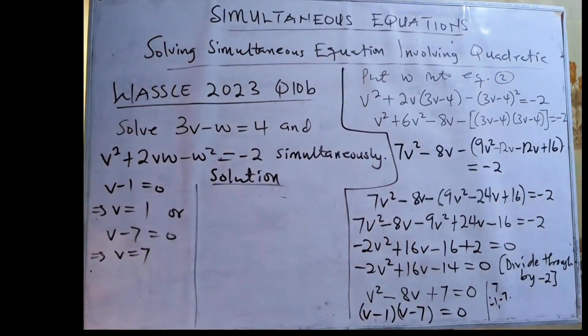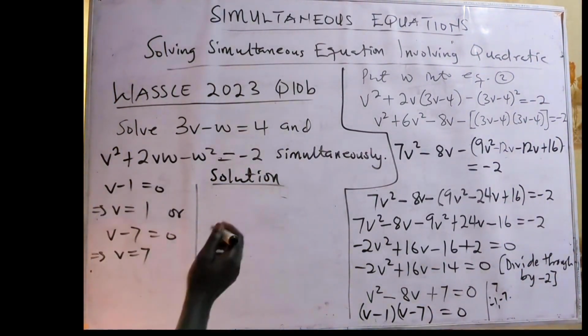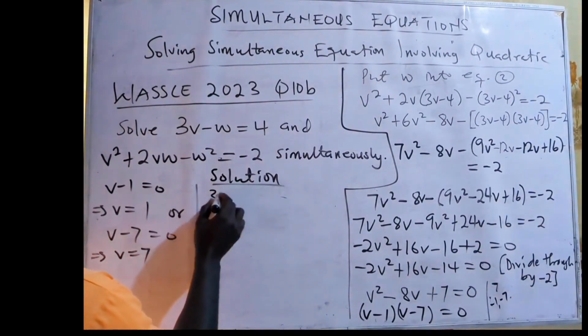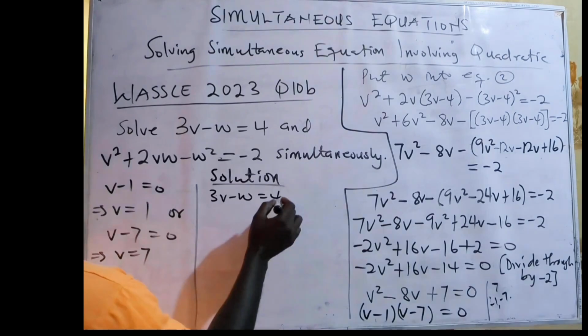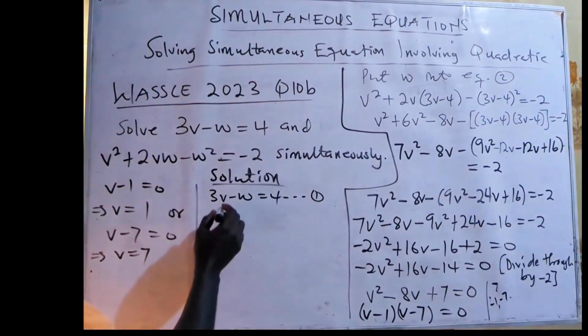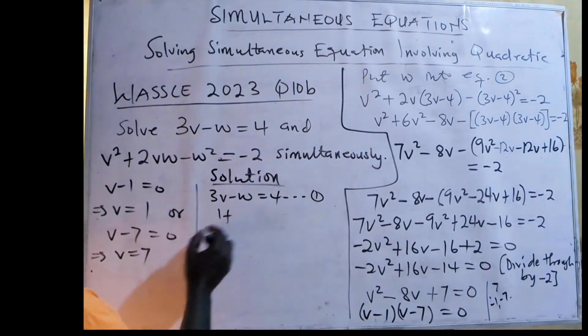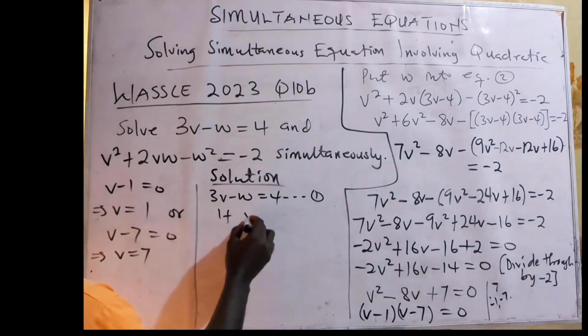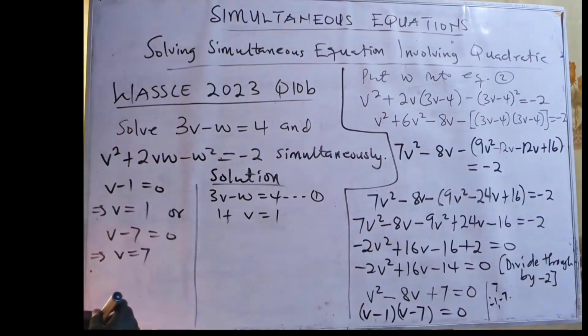We can substitute into our equation 1, which is 3v - w = 4. Since there are two values for v, we find the corresponding w value for each.